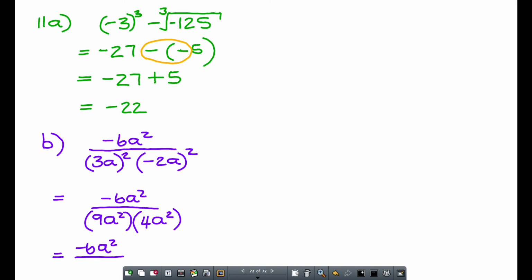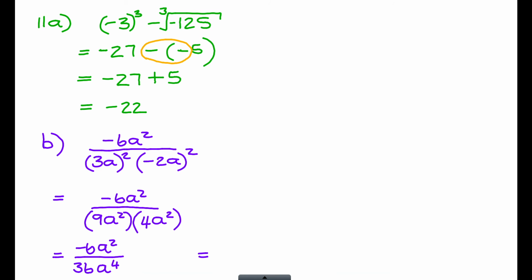At the bottom, 9 times 4 gives me 36, and a squared times a squared gives me a to the power of 4. But, do you guys see that this can be simplified further? No? Maybe just take the minus 6 times the 9.